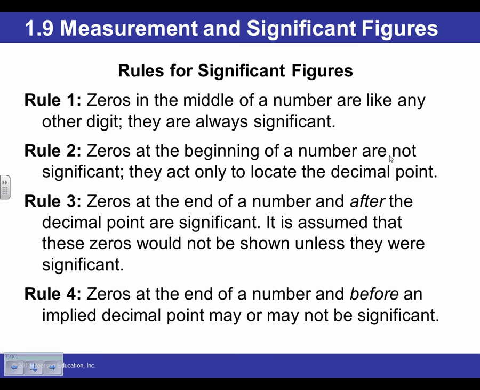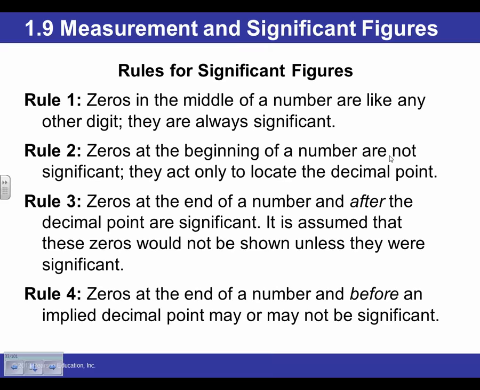Rule 3 says that zeros found after the decimal point are significant only if there's a decimal point. If it seems like I'm emphasizing this decimal point, it's because I am. Rule 3, there has to be a decimal point. Otherwise, Rule 4 says that if there's no decimal point, the zeros to the right are so ambiguous that you don't know if it's significant or not, and therefore I would regard them as not significant.